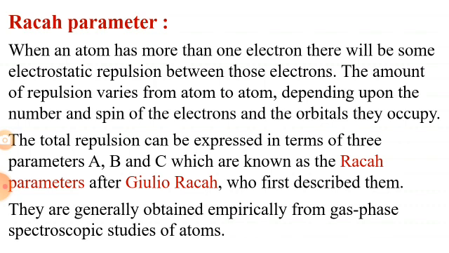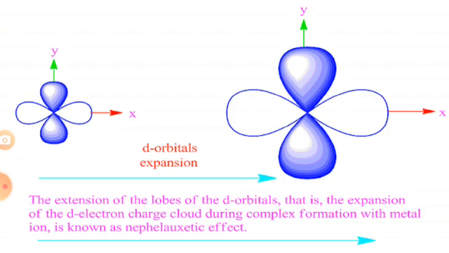Okay, if I bring the ligand around that central metal, the electronic repulsion value reduces. Why does it reduce? In this figure we can see a d orbital expansion, that is the Nephelauxetic effect, the effect of ligand in expanding the d electron cloud of the central metal ion, meaning cloud expansion.